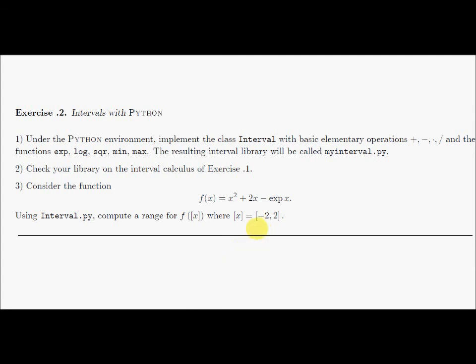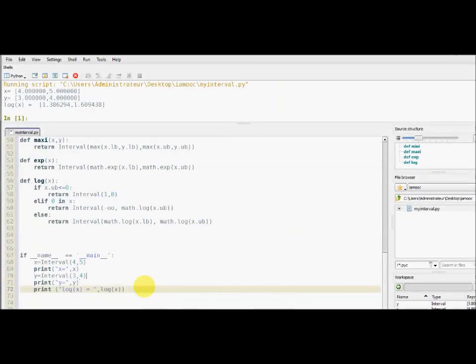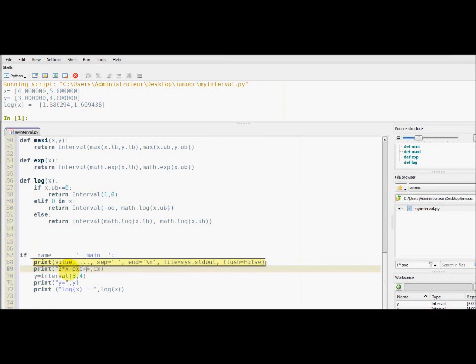I will do this using interval arithmetic, so I will perform this operation with intervals. So x will correspond to -2 and 2, and I will do print 2 times x minus exponential of x.